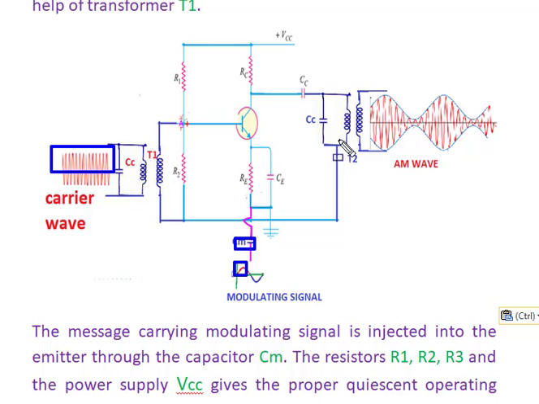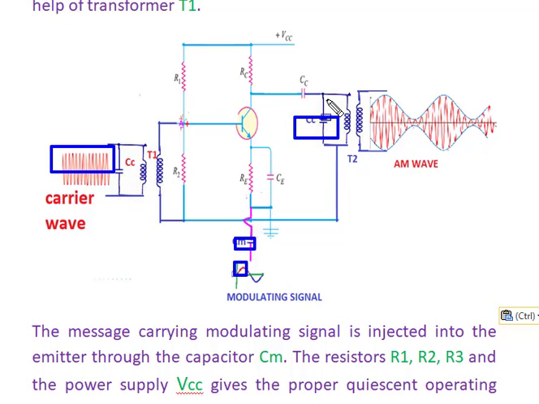Here, this tank circuit is also tuned to the carrier frequency. So the amplitude modulated wave also consists of a frequency which is equivalent to the carrier wave.